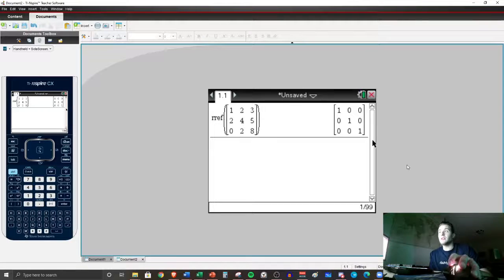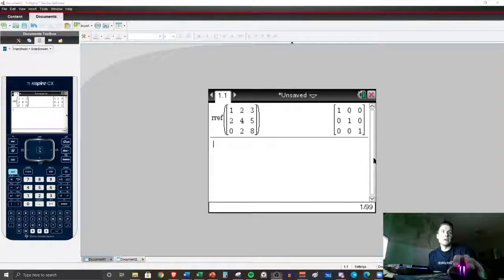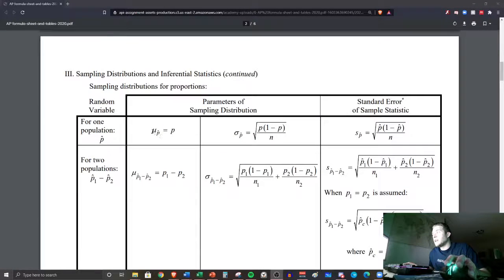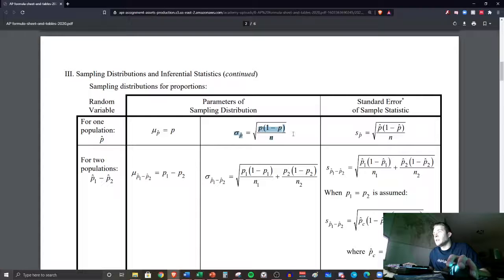For AP students, if it's a free response question and you're having to do these probability calculations, you need to show that you have checked the conditions and that they've been met, okay? AP students, also don't forget on your formula sheet, you have the rules partially on here for how to get your standard deviation and mean.